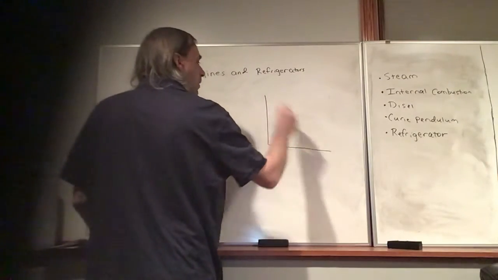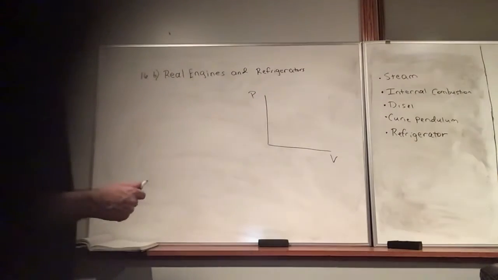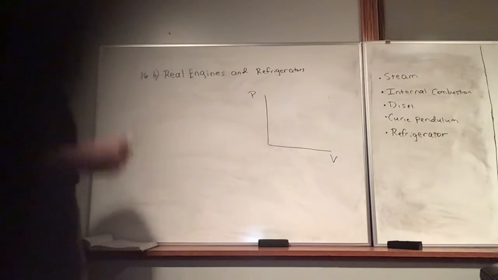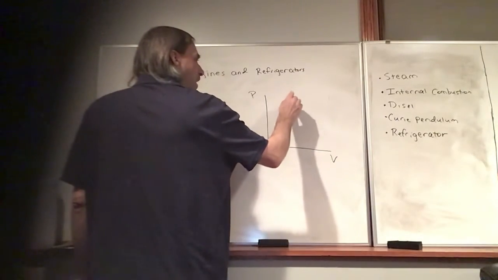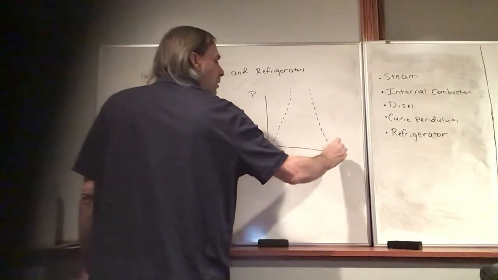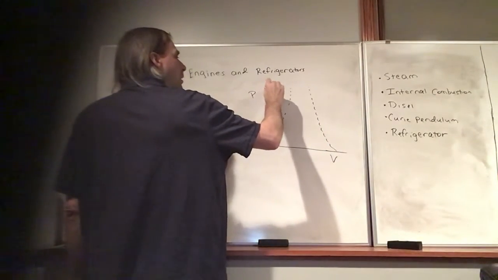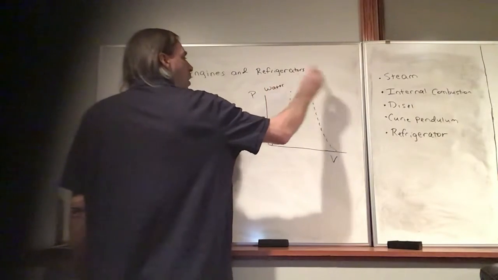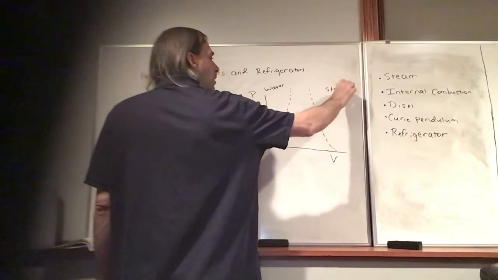And the working fluid for a steam engine is water. So it's nice and convenient. And actually, I draw a dashed line here, where over to the left of this line we have water, and over to the right we have steam.